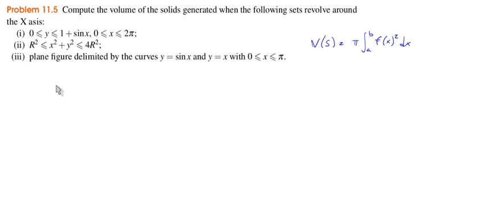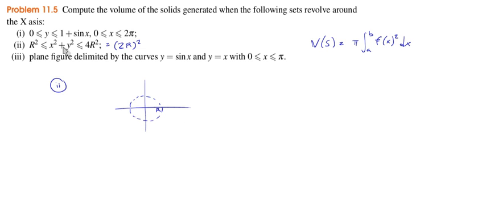Okay, part 2. The set is x squared plus y squared greater or equal than r squared and smaller or equal than 4r squared. Well, 4r squared is equal to (2r) squared, right? And we know that x squared plus y squared equals r squared is the circumference centered at 0 with radius r, right?